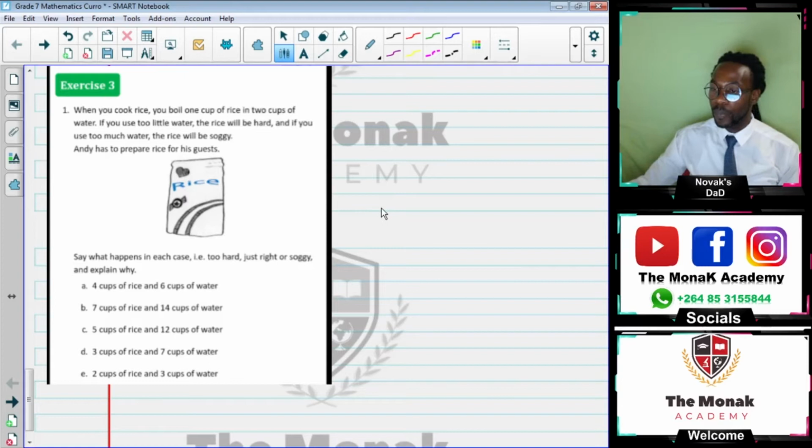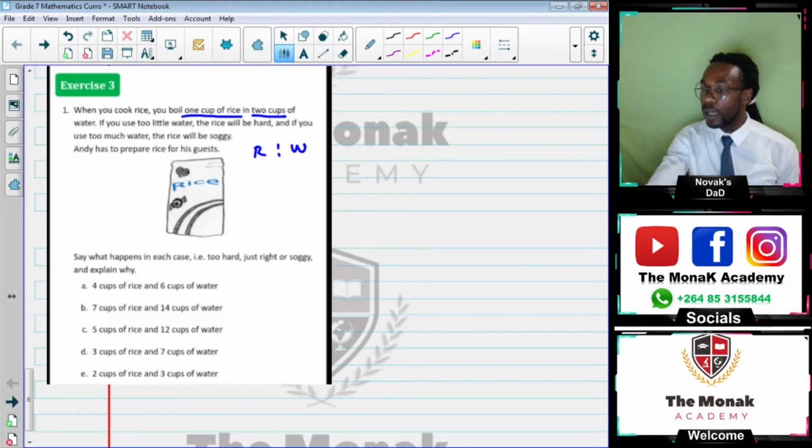All right, so they said when you cook rice, you boil 1 cup rice, 2 cups water. So we have rice and water, and it's 1:2. So we've just transferred a word problem into numbers. Very simple.